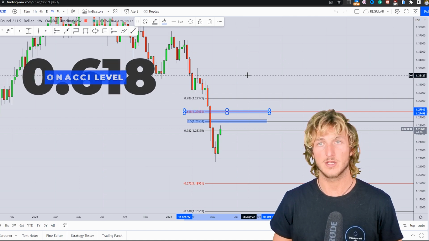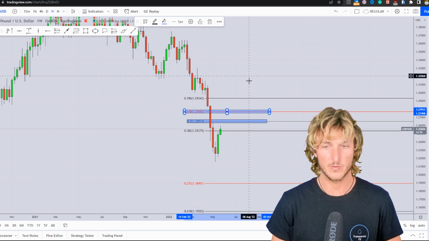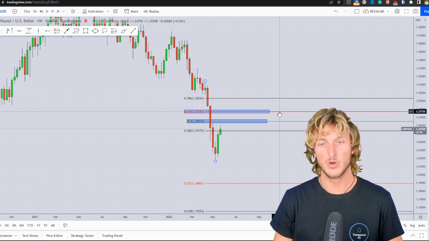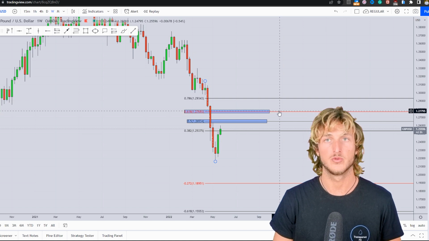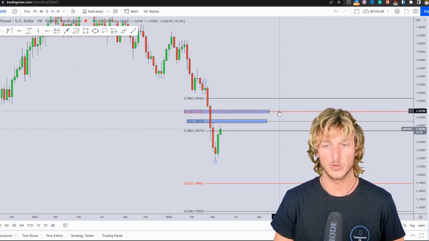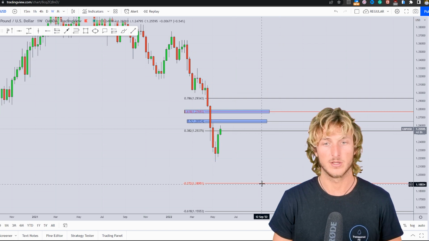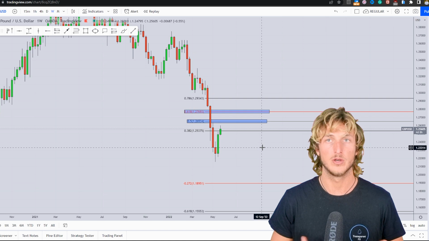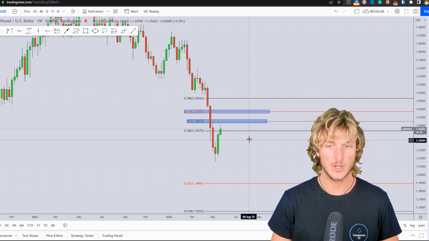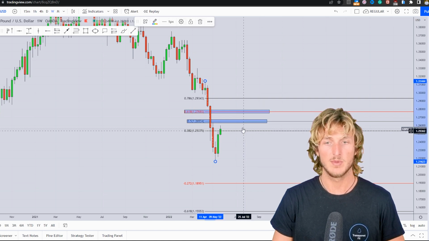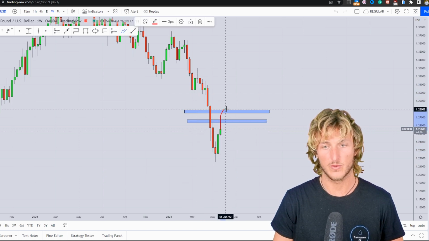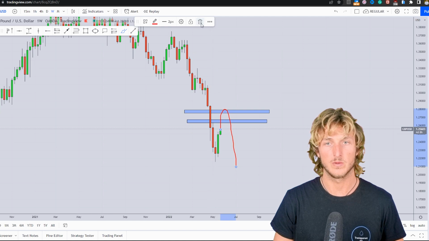Now the 0.618 is the golden ratio. There is a reason for which I have it red, and most of the times the market likes to correct to the 0.618 golden ratio before then starting the continuation to the downside. And that is also why you probably already heard about the golden ratio, Fibonacci retracement, because that is where most of the times the market will stop during a correction before then creating the continuation to the downside.